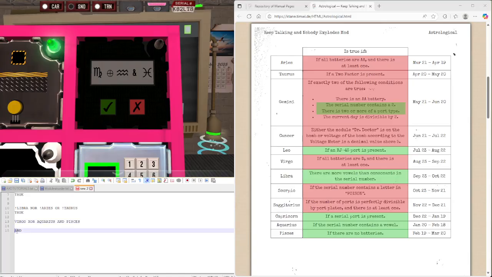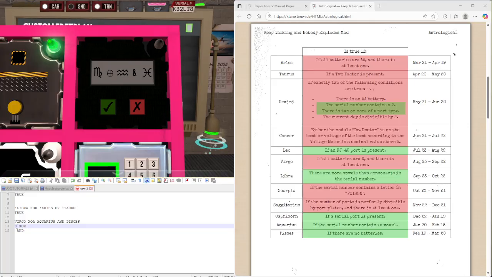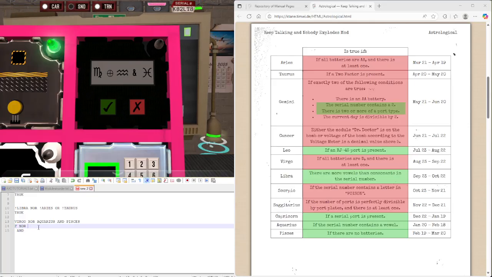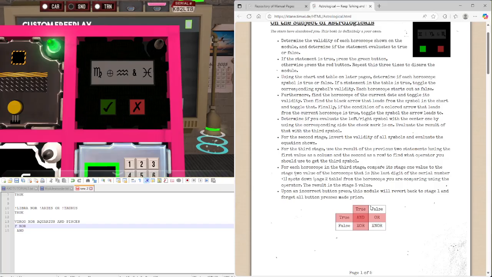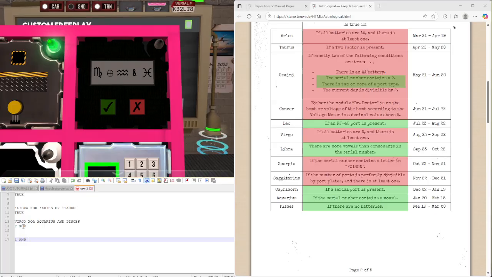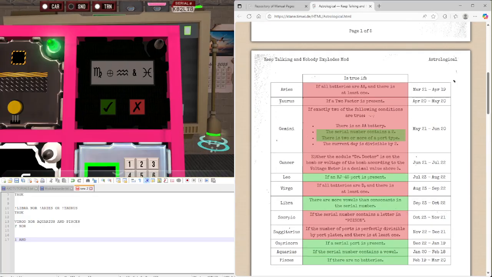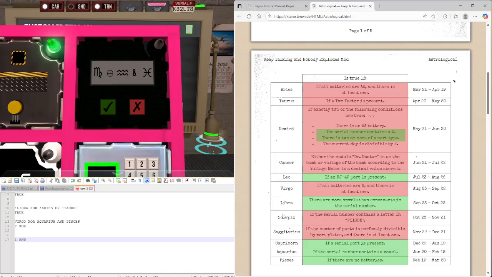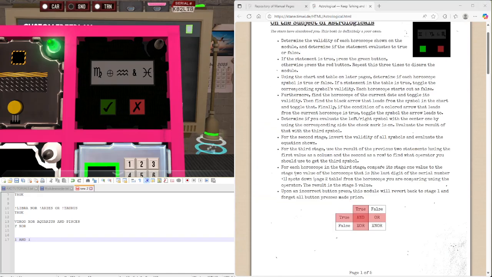So Virgo stage 1 value is false, so that's already going to be false. Aquarius was true, so we do need to see if the other one was true as well. So 1, 2, 3, 4, 5, 6, 7, 8, 9. That would be true as well, because that's the stage 2 value.